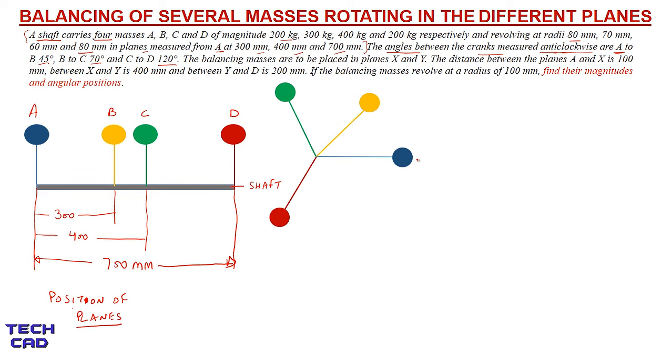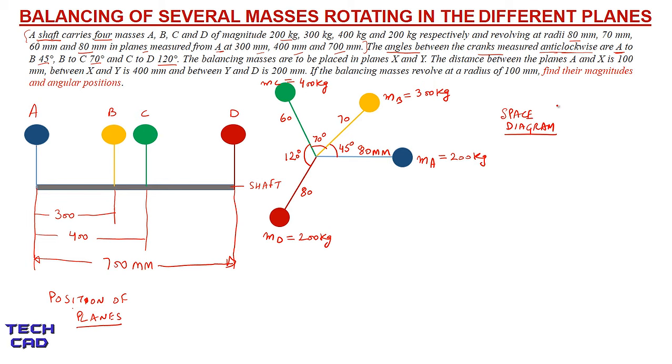So this is mass A, mass B, mass C and mass D, and their magnitudes, their radii of rotations, and the angles between the masses are shown. So this is a space diagram and you have to make it with the help of proper scale and geometry. This space diagram gives the angular position of the masses.